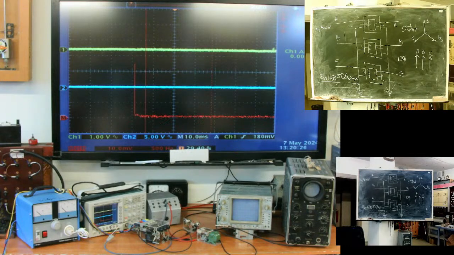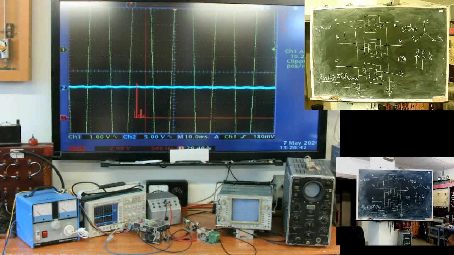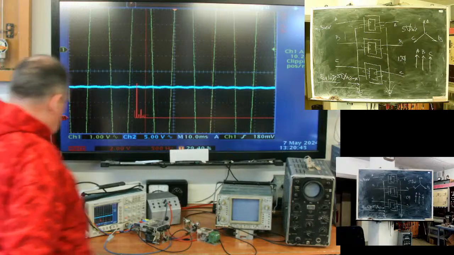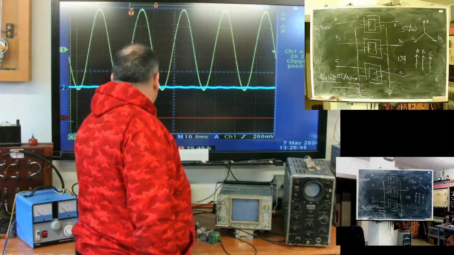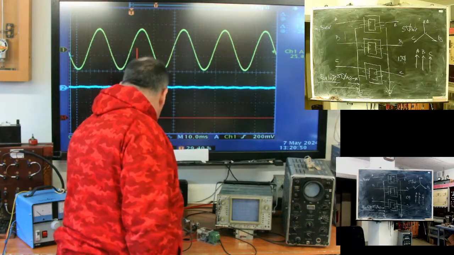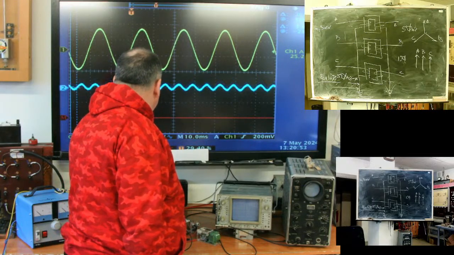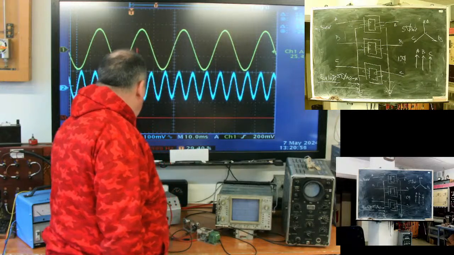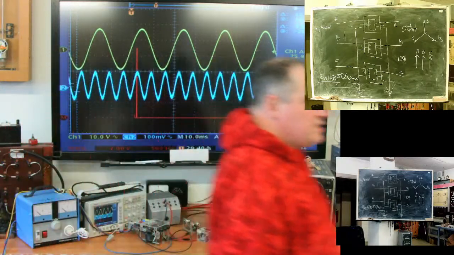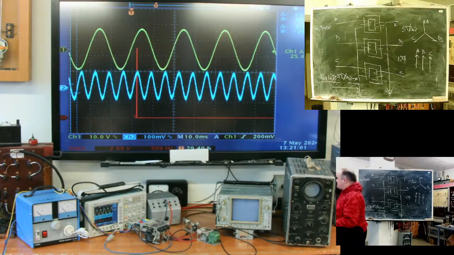Okay, I will put 3 voltages, each 200 ohms. See it? Yes. The yellow line is the secondary voltage, and the blue line is the neutral current.